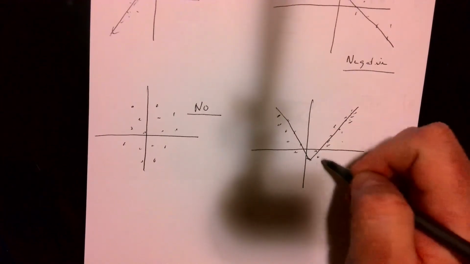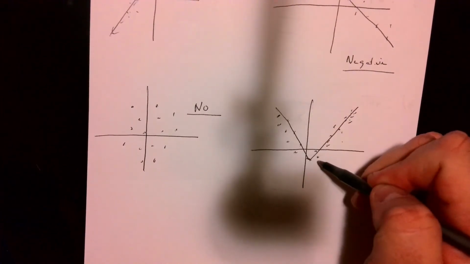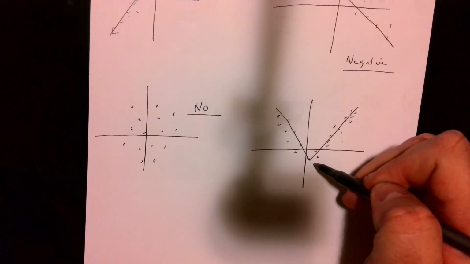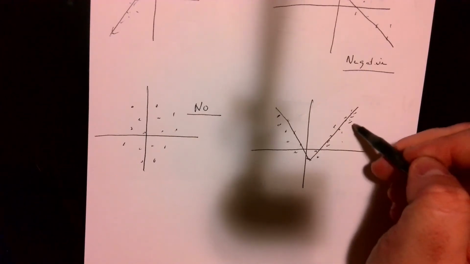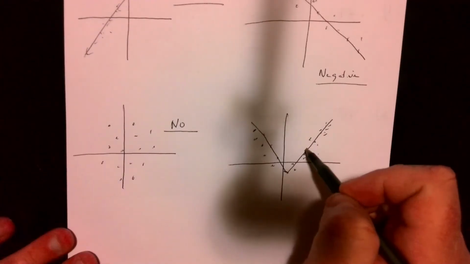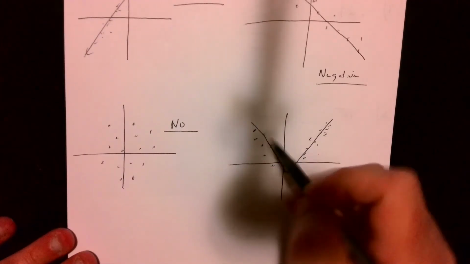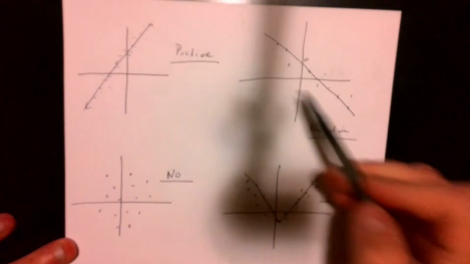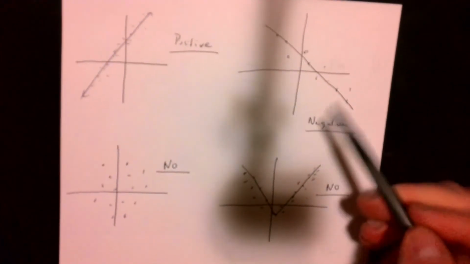In this situation, this tricks kids because they'll think it's negative, but then they'll also say it's positive. It can't have both. So in this case, this is still no correlation. Okay, it's got to be clear. It's got to be all positive or all negative.